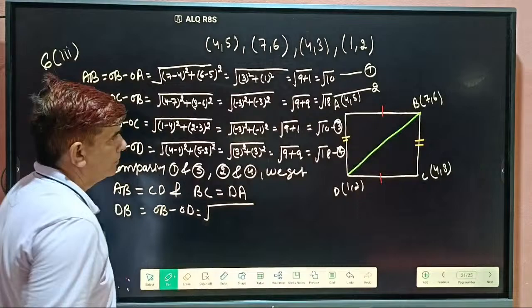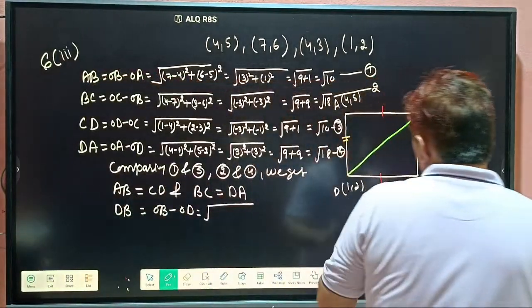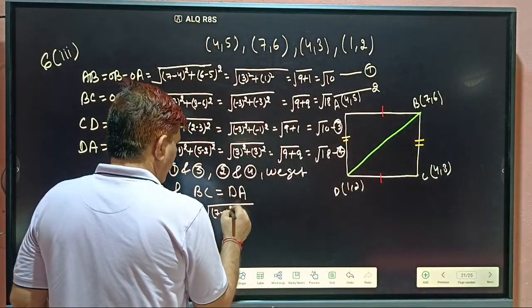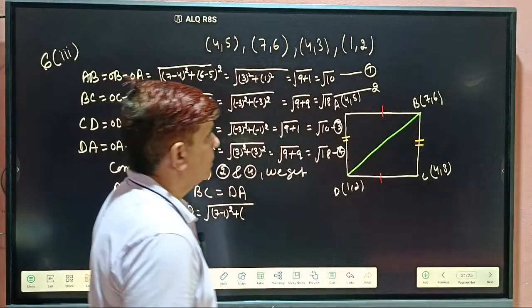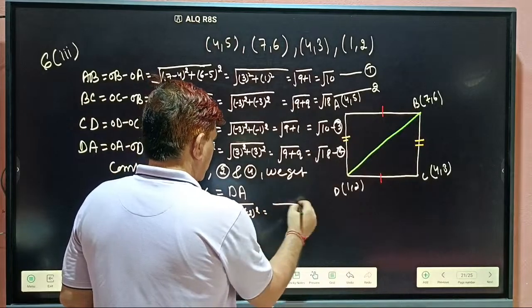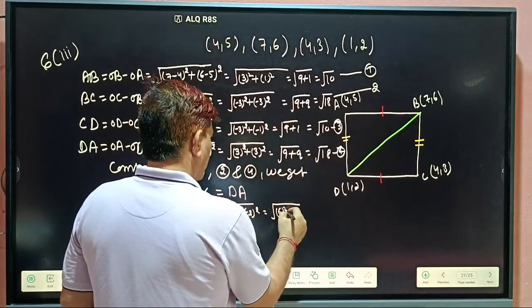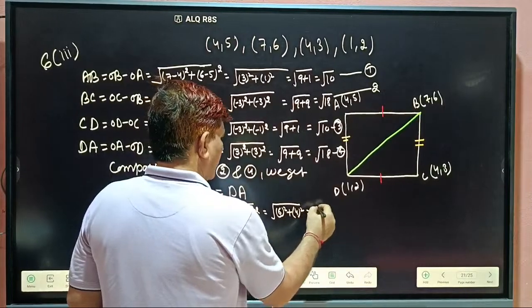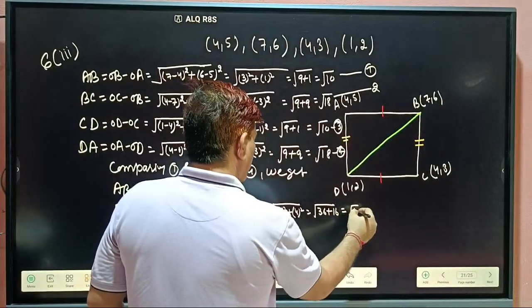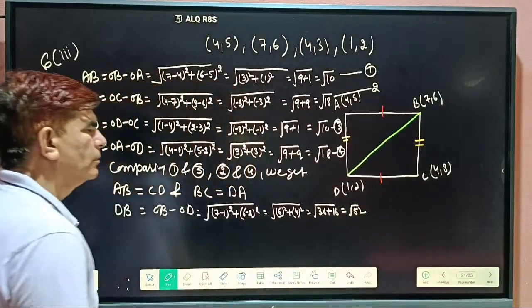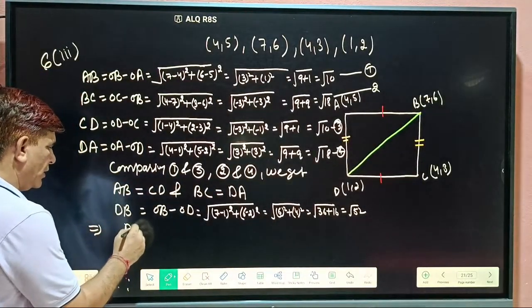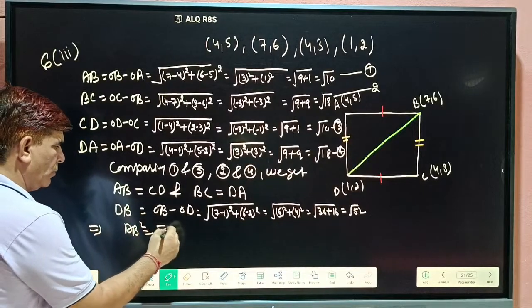Find out: 7 minus 1 whole square plus 6 minus 2 whole square is equal to 6 square plus 4 square. How much is 36 plus 16? Under root 52. Understood? This implies DB square is equal to 52.